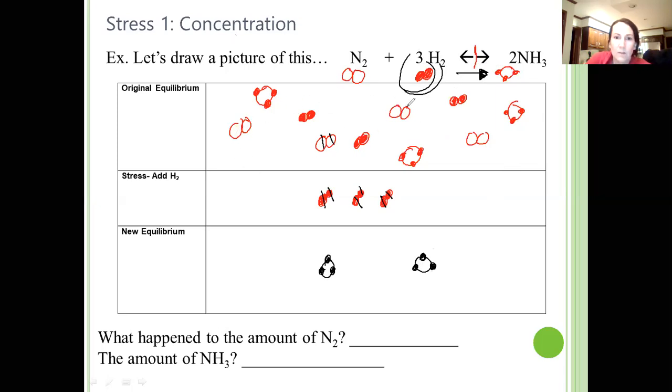I have 1, 2, 3 N2s now. I still have 3 H2s. And then I have 1, 2, 3 of the original NH3.